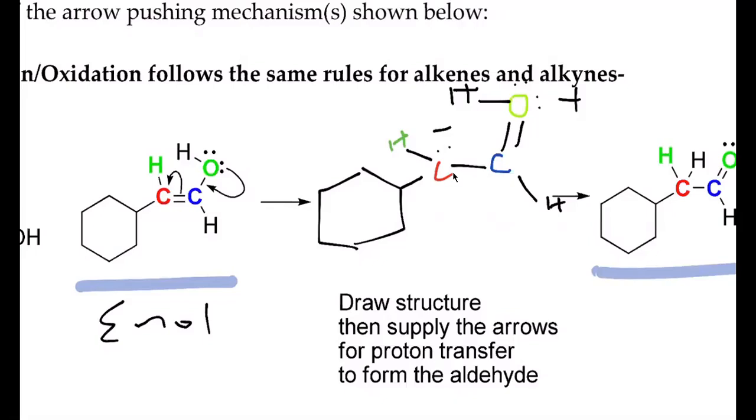Will you take the red carbon and connect that to the hydrogen that's with oxygen, and then break that bond between hydrogen and oxygen? Yeah. But you're actually connecting the hydrogen to the red carbon, right? It's the other way around. Oh yeah, but you're right, though.